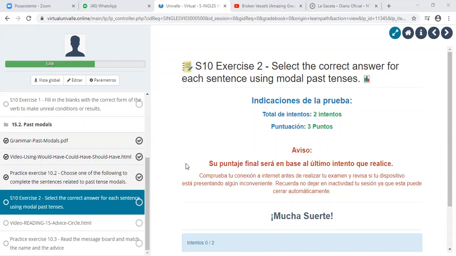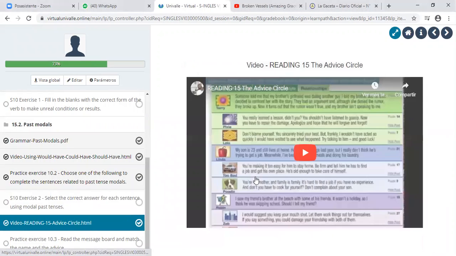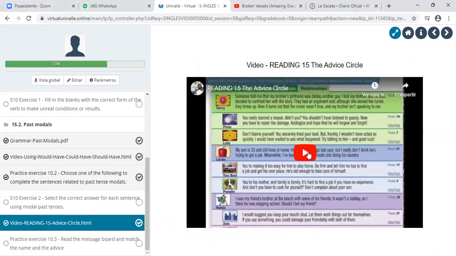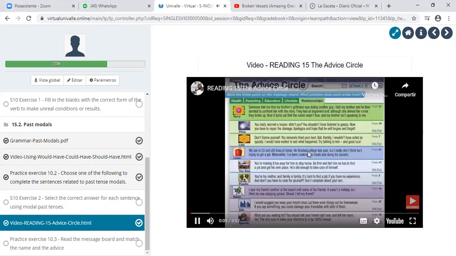And finally, we are going to have a reading, the advice circle. And here we have the video of the reading, and we are going to take a look at it.